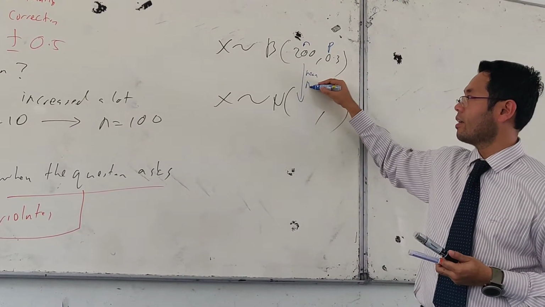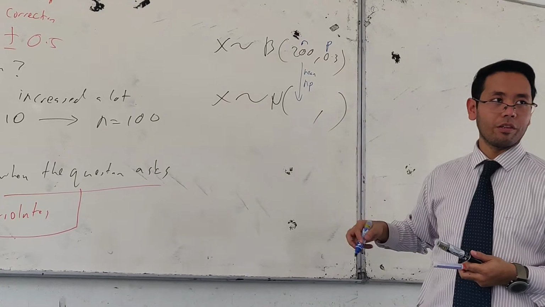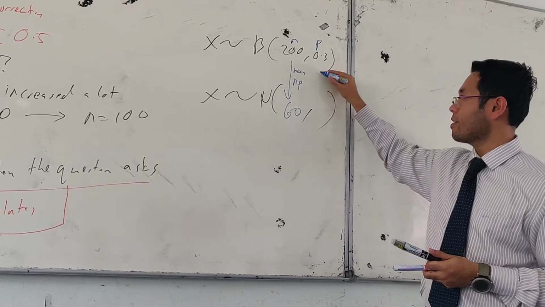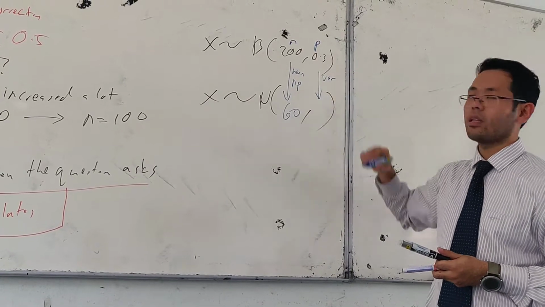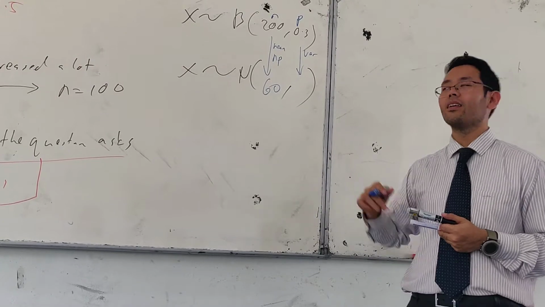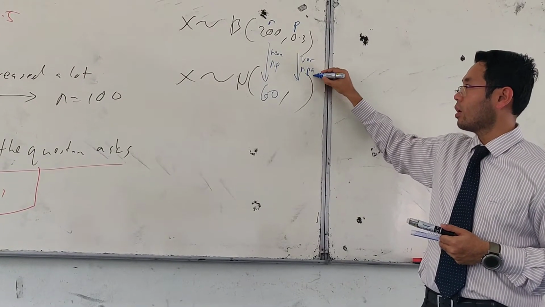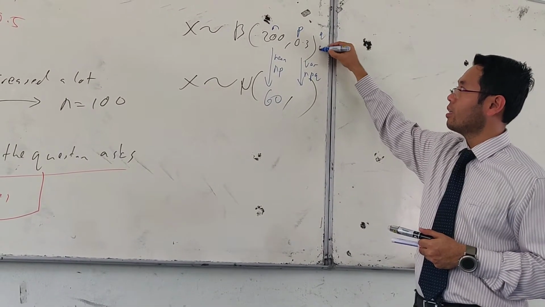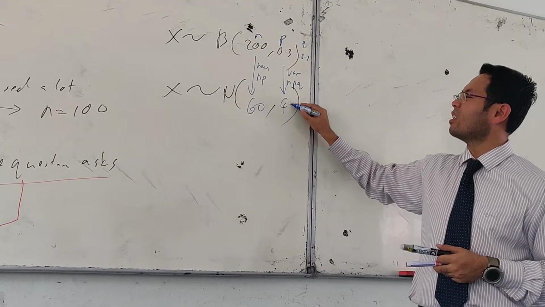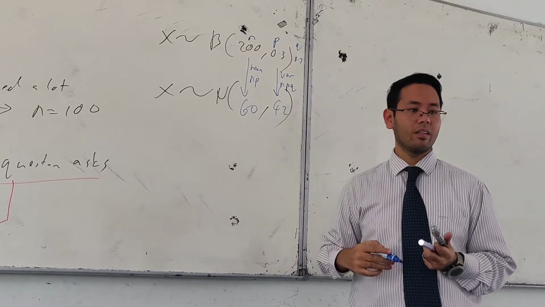Mean is np, 200 times 0.3, 60. What about the variance? I'm going to find the variance. It's npq. The q is 0.7, 1 minus 0.3. You get yourself 42. Okay?